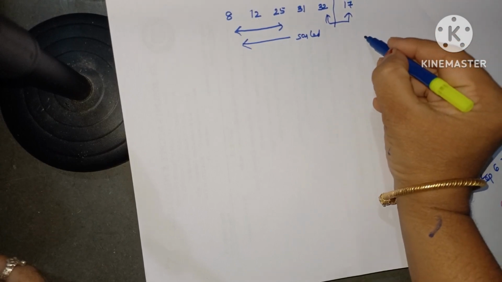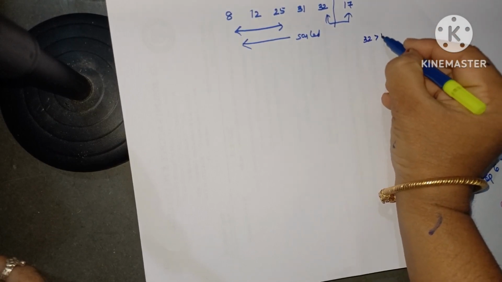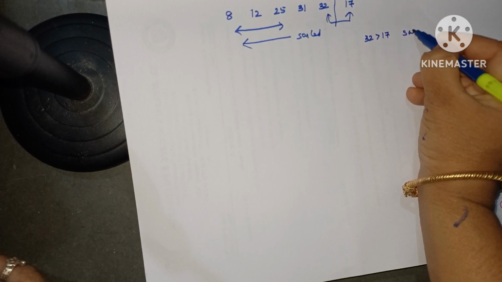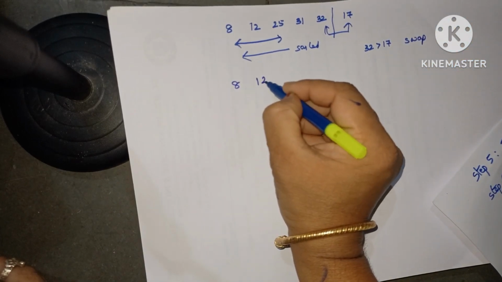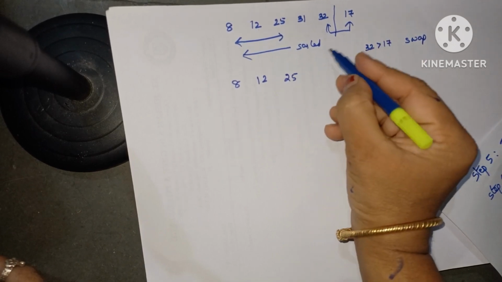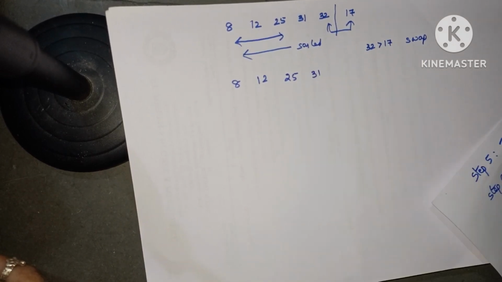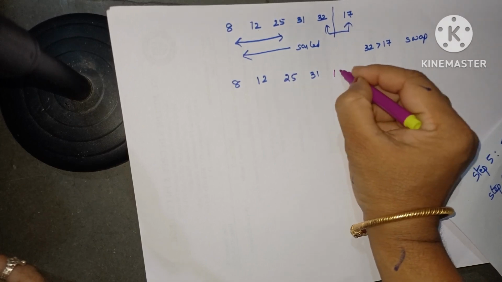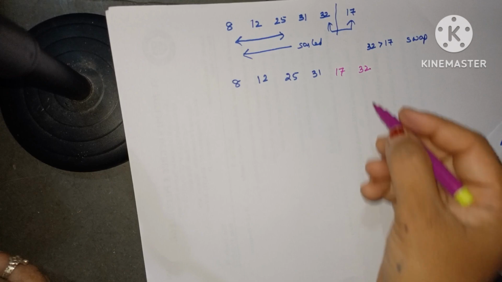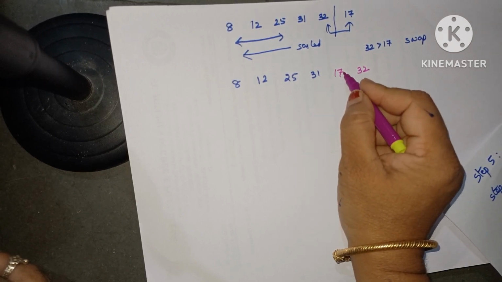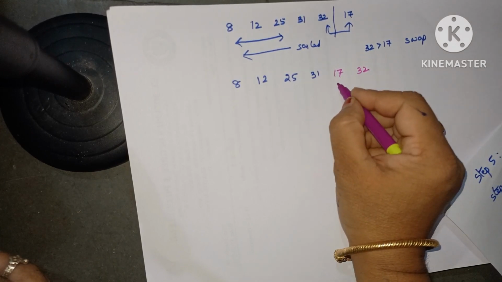32 and 17. Here 32 is more than 17, so we have to swap it. After swapping, the elements are 8, 12, 25, 31. These two elements are swapped, 17 and then 32. After that, whenever an element is changed, compare with the left elements.